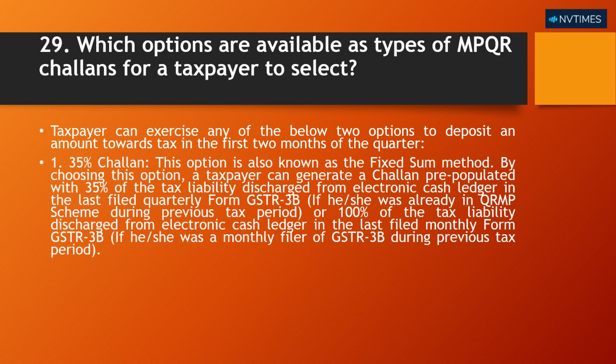35% challan. This option is also known as the fixed sum method.